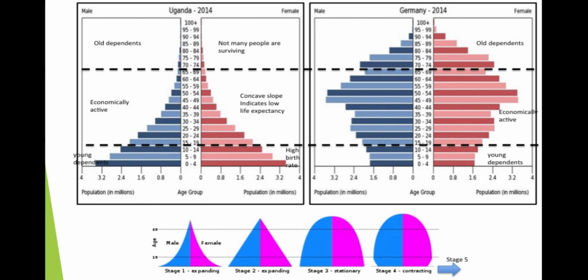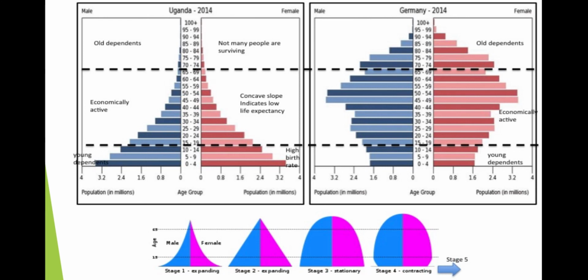You might have a lack of access to healthcare for citizens under 15. You might have a working class that is not conceivably big enough to support the high number of kids that exist within a country. And you also have lower life expectancy. So you have not as many people surviving to balance out the pyramid. You can see that on the left-hand side with Uganda.